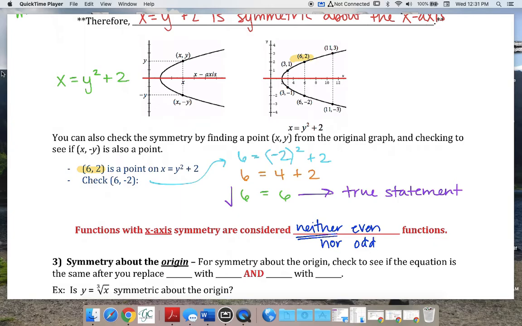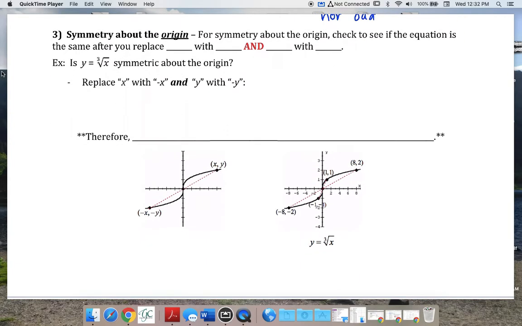All right, so then our last kind of symmetry here is symmetry about the origin. So this is where we had our symmetry in diagonal quadrants, reflecting over that point 0, 0. So this time, if we're in diagonal quadrants, thinking about the first and third quadrants we used as our example: in the first quadrant, x and y are both positive.